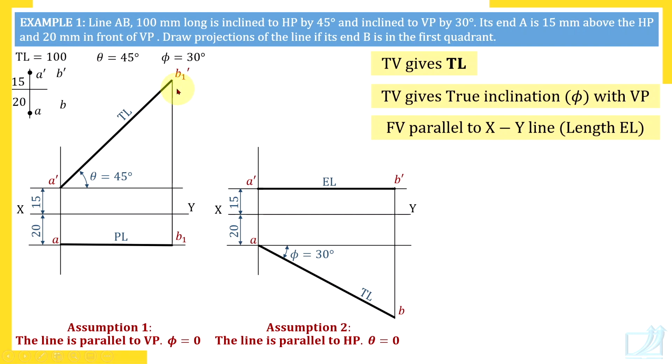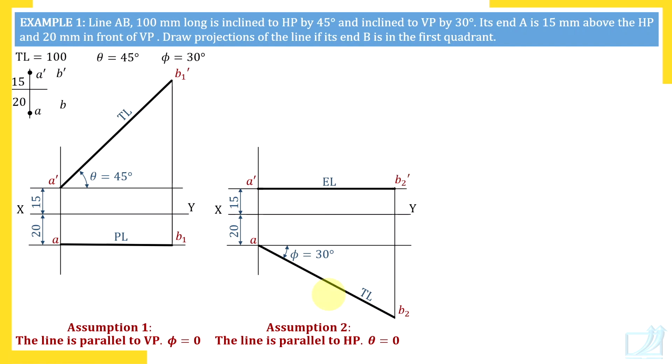But point B's position has changed. So we say that this is position of point B in first assumption. And here it is position of point B in second assumption. So we'll label it as B2. Since it is top view, we should not use dash here. And therefore this point is B2 dash.